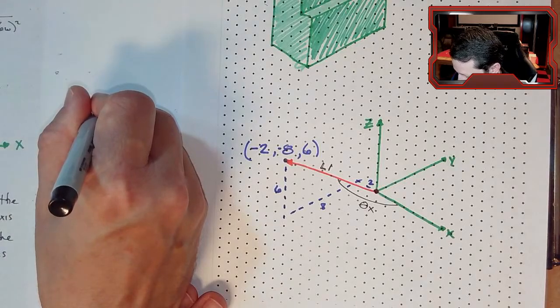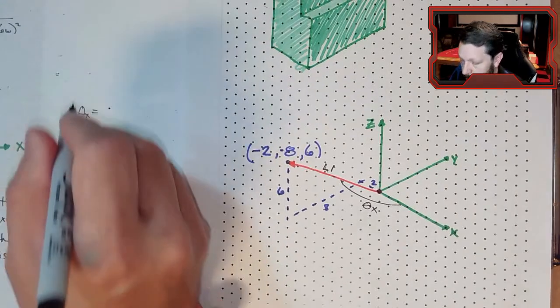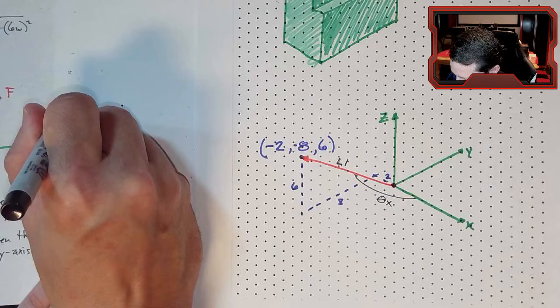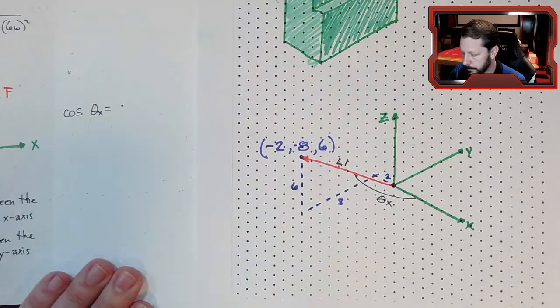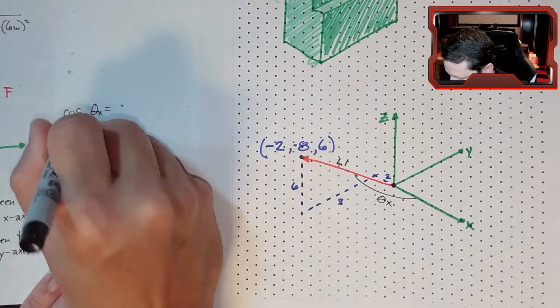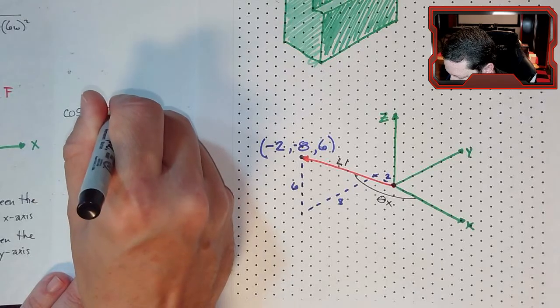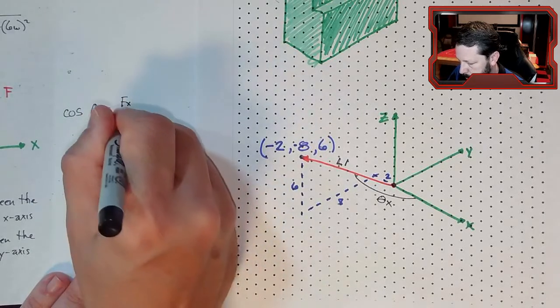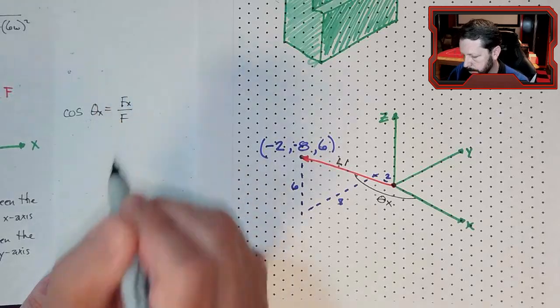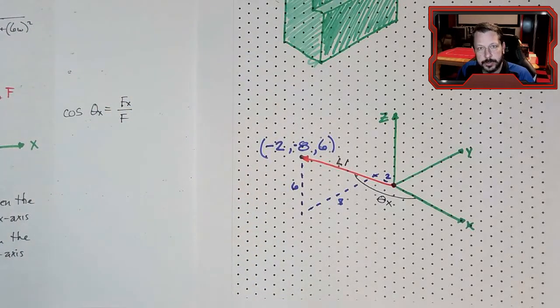So theta x is going to equal, or well, the cosine of theta x equals that. I don't know if I specifically said cosine a minute ago. Theta x, cosine of theta x equals the x component of the force over the hypotenuse, which is the length of the force or the magnitude of the force.